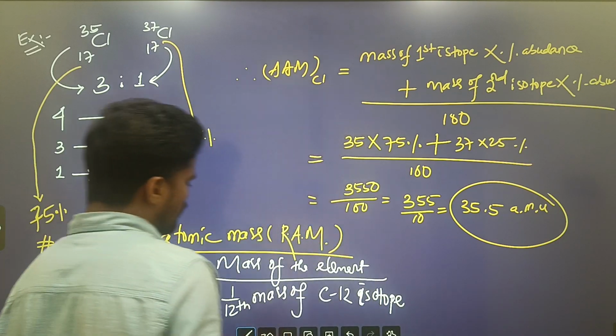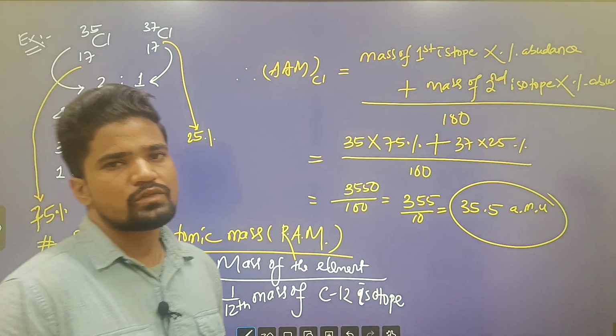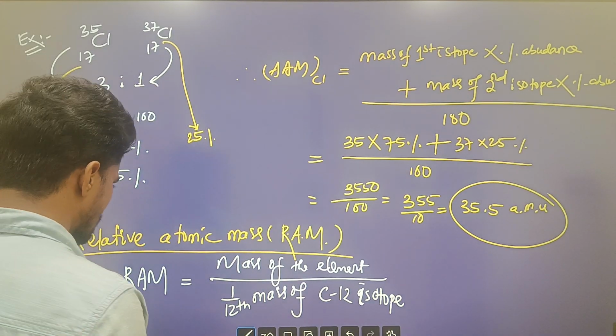Okay, so why are we writing 1/12th? Because the mass of one carbon atom is 12 amu. Yes or no? Yes or no?